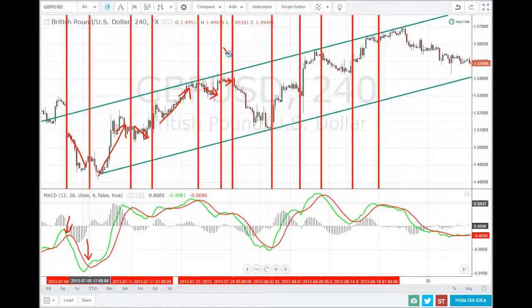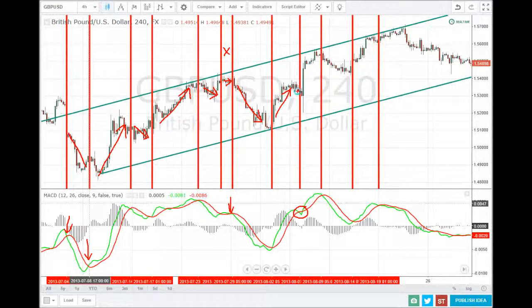So let's put an X here. Then we have a cross here. Price should move on the downside, and it does. Another cross, price should change direction, and it does. And then we have two crosses here. Price should move on the downside, and then this MACD moves above again.